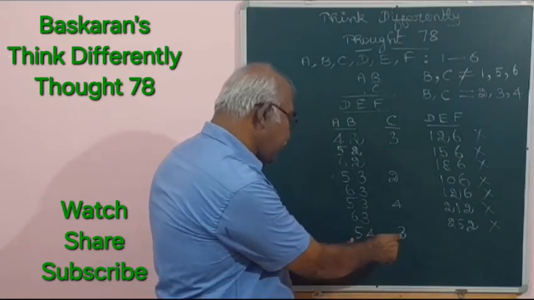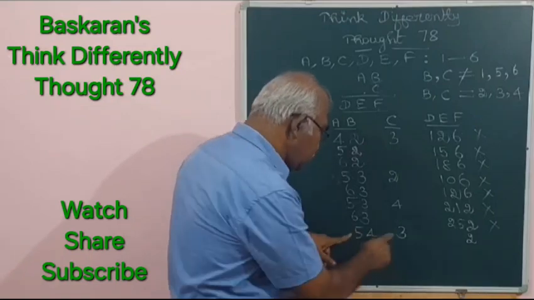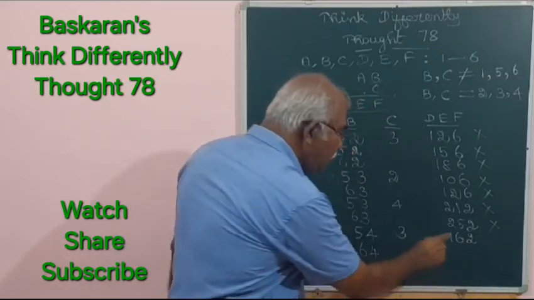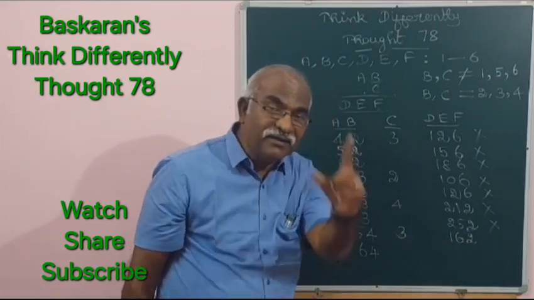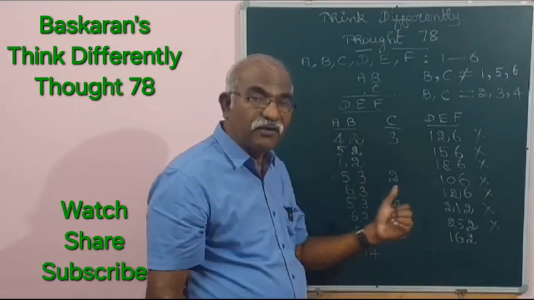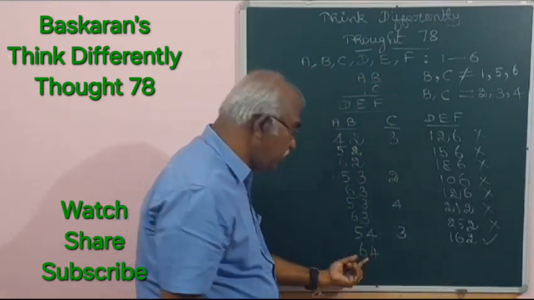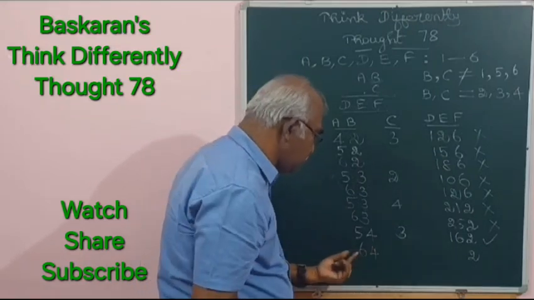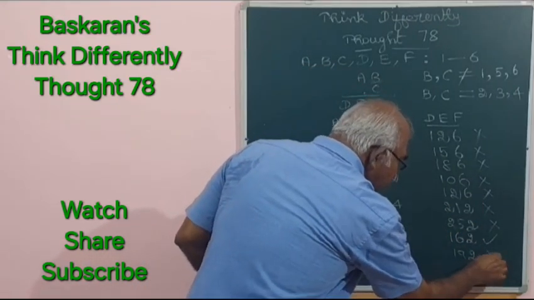And multiplication by 3, 3 4s are 12. You have carry 1, 3 5s are 15, 16. Now you have 1, 2, 3, 4, 5, 6. All the digits 1 to 6 have come. So this is correct. And 64, when you multiply, 3 4s are 12, carry 1, 3 6s are 18, you go to 192, which is wrong.